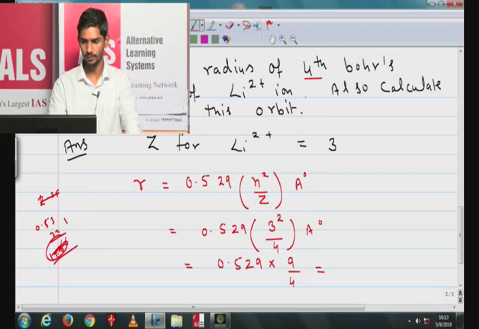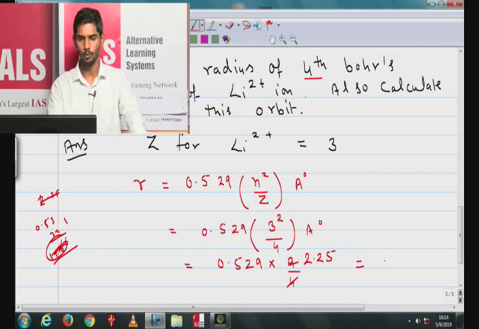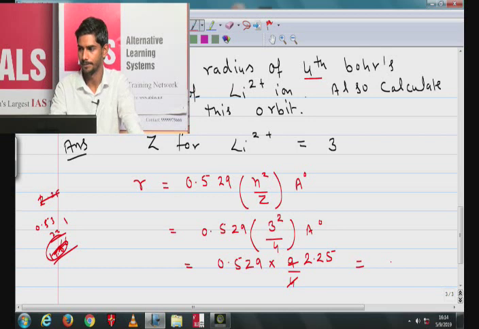Because if I solve it, 4 2s are 8, 4 5s are 20. So if I multiply it with this one, 0.53, no, the answer will be something else. Radius is not 2.81.